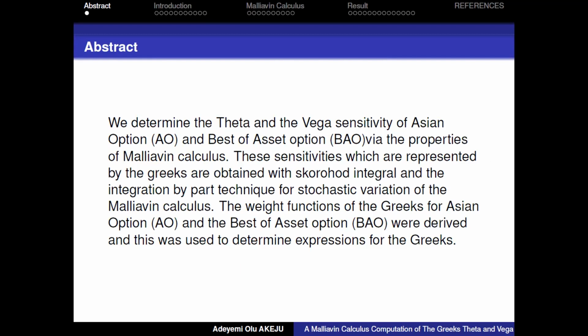So the sensitivities are represented by Greeks. So we call this sensitivity the Greeks. And the Greeks are determined with respect to the parameters of the underlying assets.